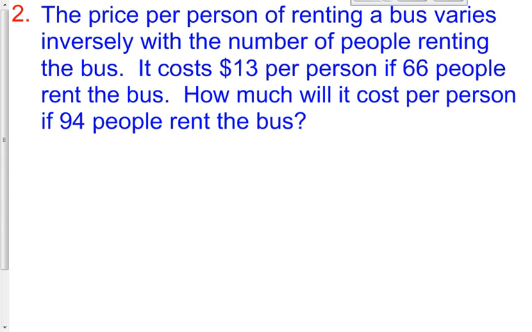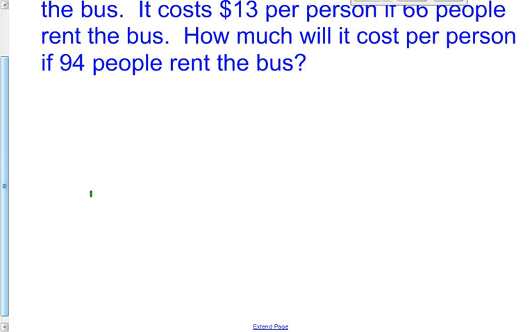Let's take a look at this next one. The price per person of renting a bus varies inversely. Make sure you read these carefully. That word inversely is a big word. It varies inversely with the number of people renting that bus. So that means there is an opposite relationship, which means that the more people that ride the bus, the less each person has to pay.